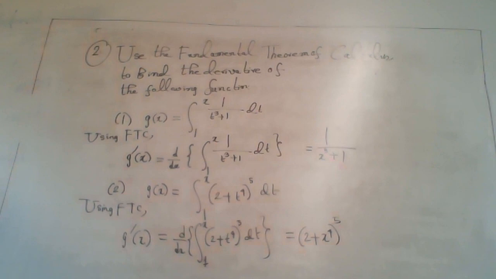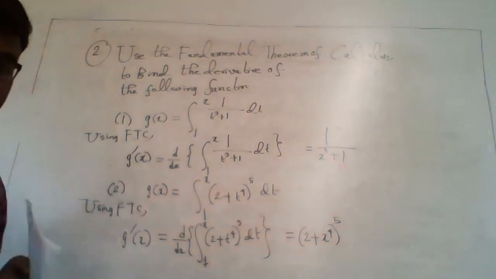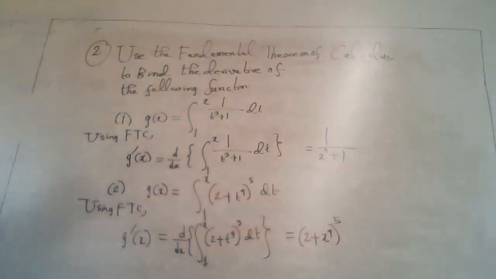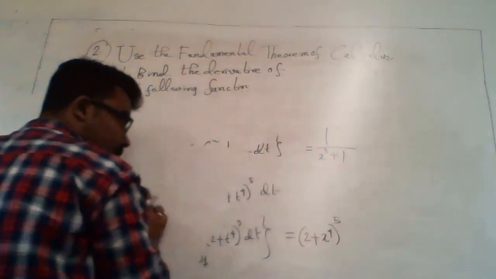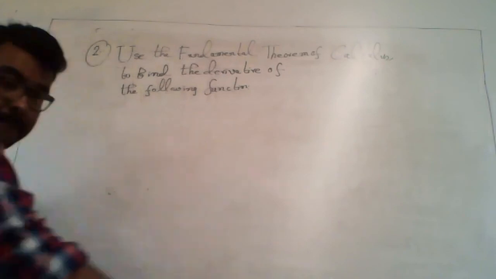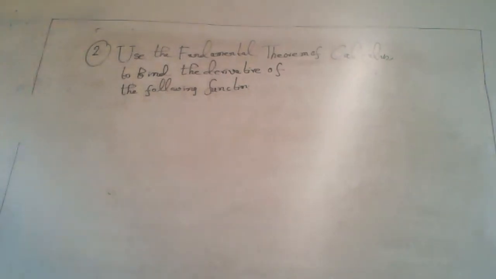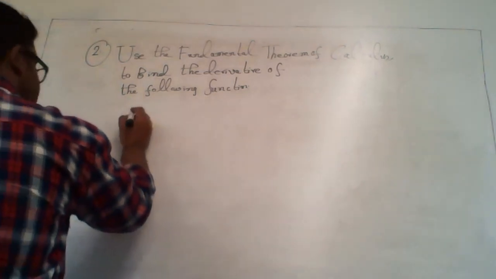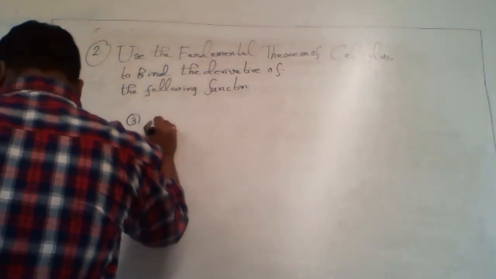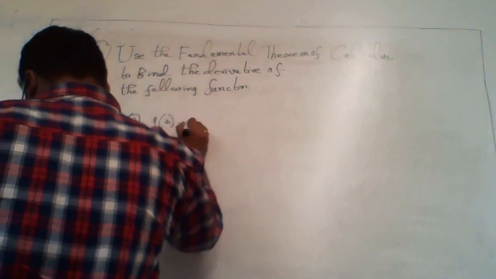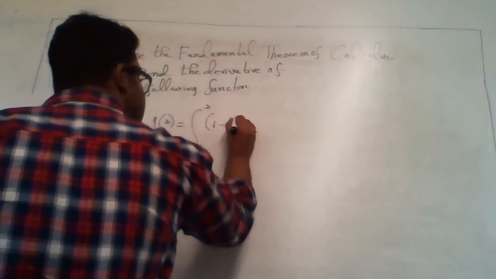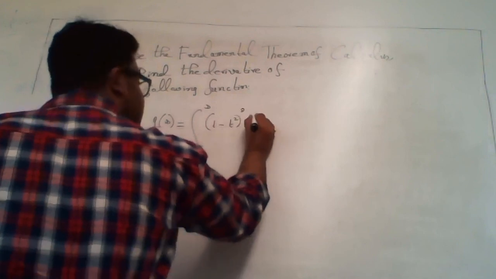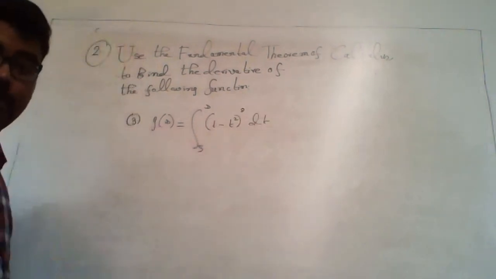So let's take the third problem. g(s) is equal to the integral from 5 to s of (t minus t squared) to the power 8 dt. This is your function and you need to compute the derivative.